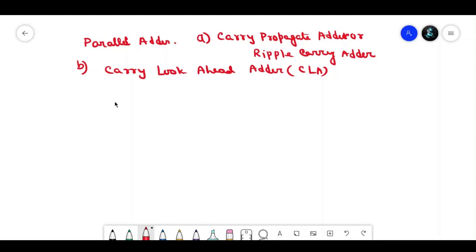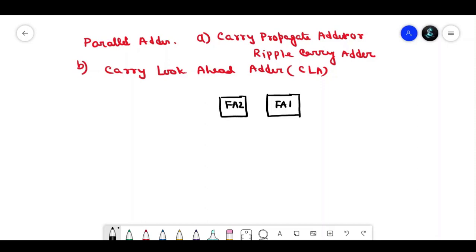If I want to add two n-bit numbers, then we require n full adders. Okay. So suppose I am drawing the circuit of the full adder. Suppose this is my first full adder. Okay. Full adder 1. Next, full adder 2.